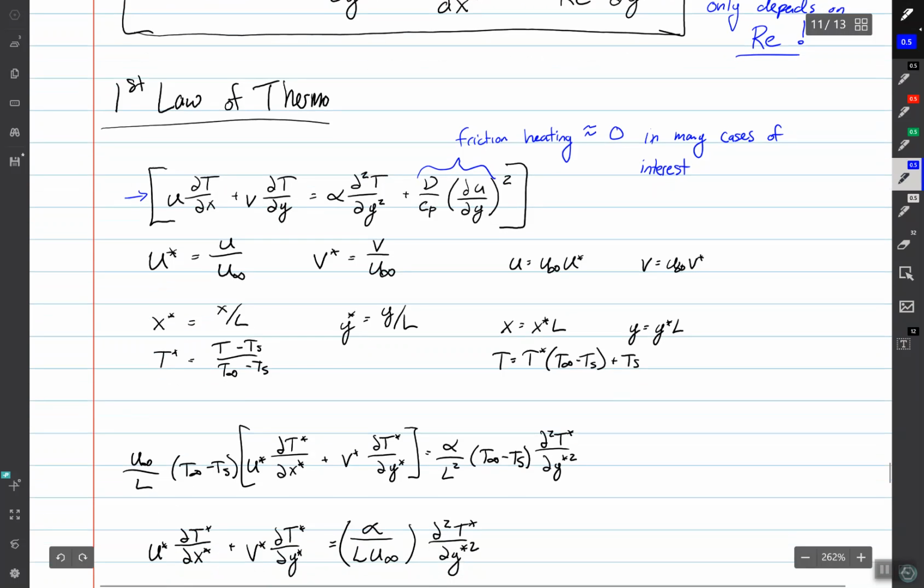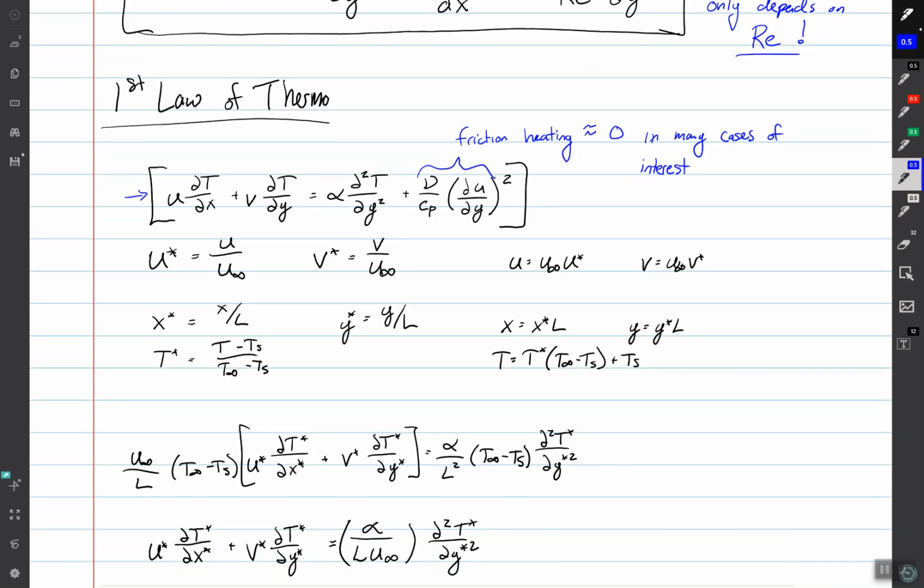Okay. We're going to do the same thing where we non-dimensionalize things. And this is key: we have to use the same non-dimensional groups, or the same method, for each of these three equations. So we still use u over u infinity for u star, v over u infinity for v star, the y component of the velocity. We have the x position, the y position, and our dimensionless temperature.